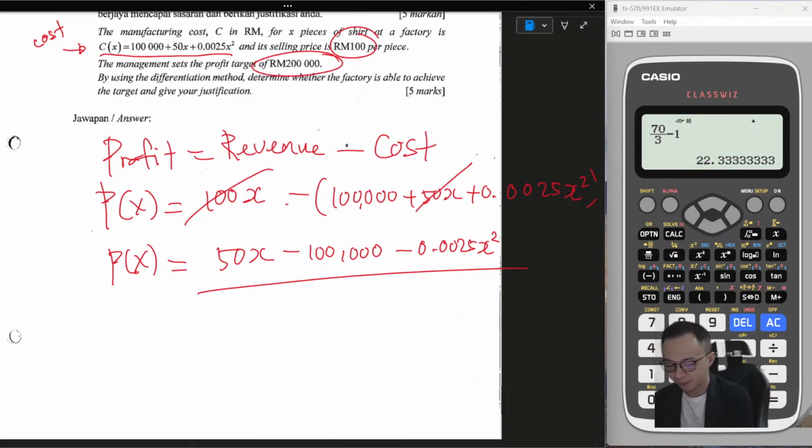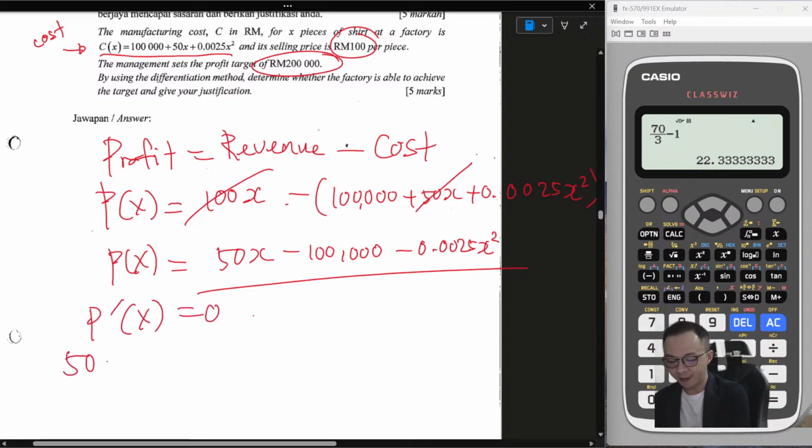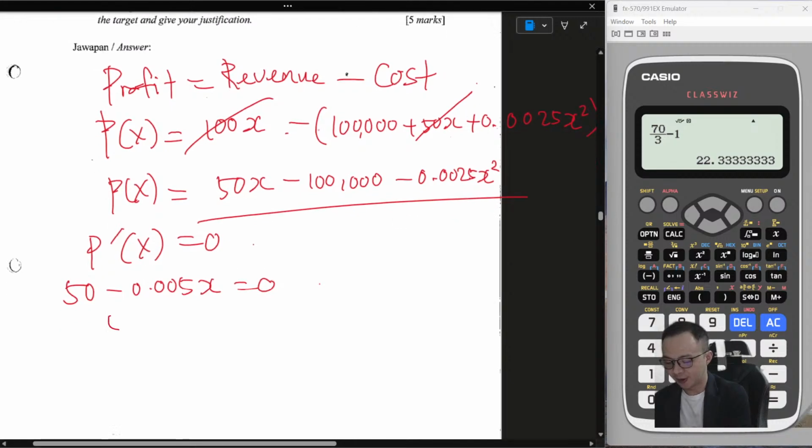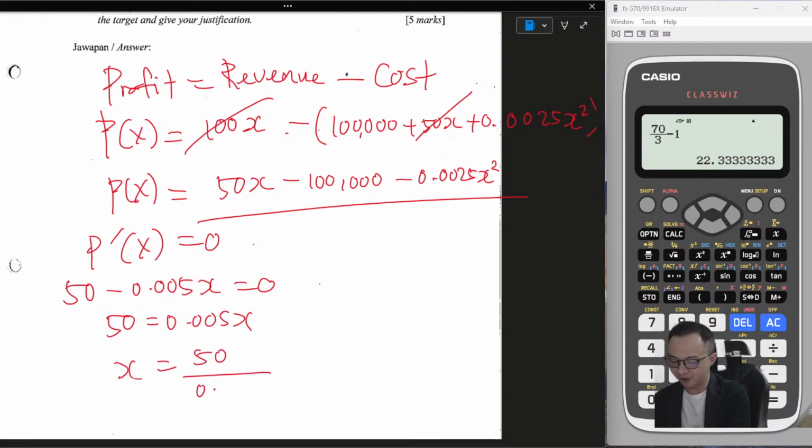So differentiate this one, P'(x) equals 0. So 50 minus 0.005x equals 0. So 50 equals 0.005x. So x is 50 over 0.005. Yeah, I believe it's 10,000, is it?